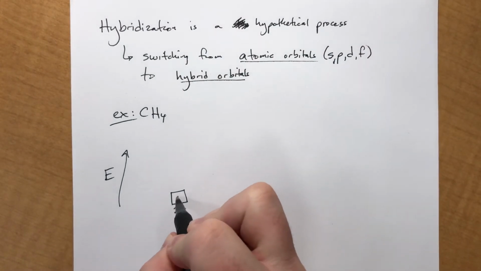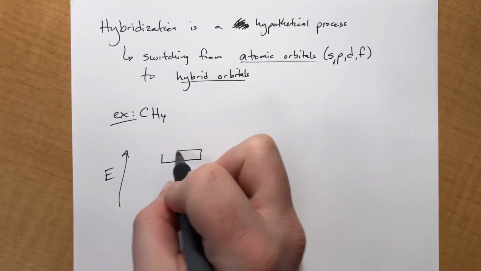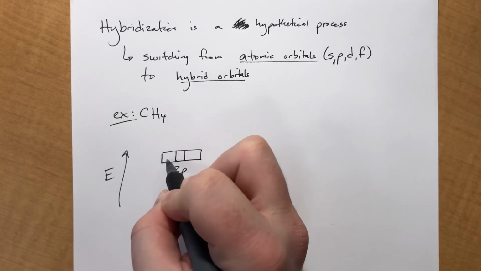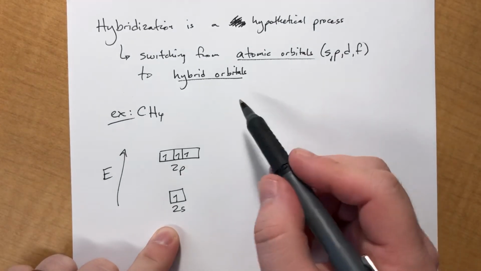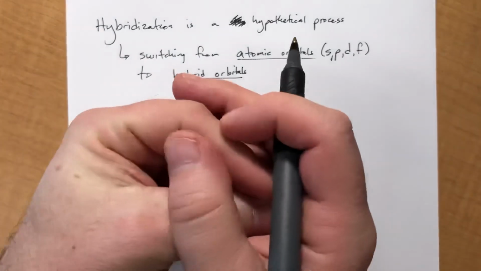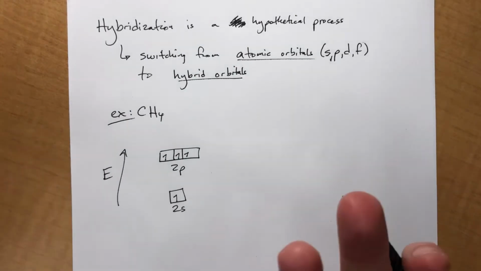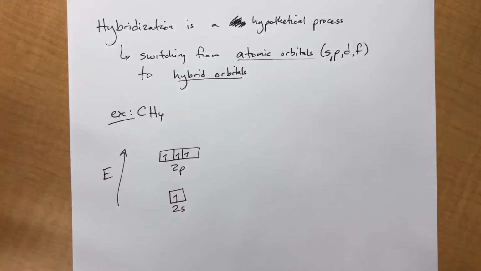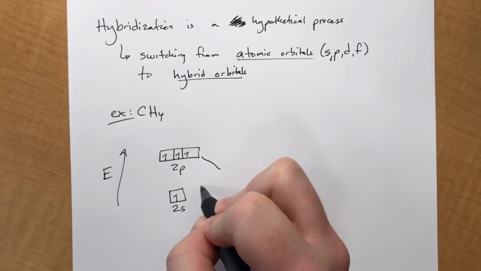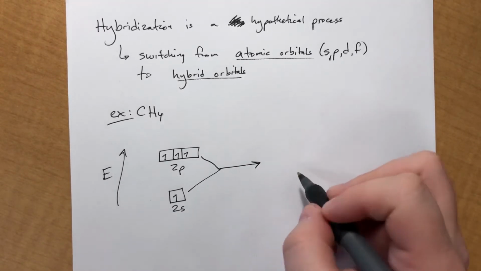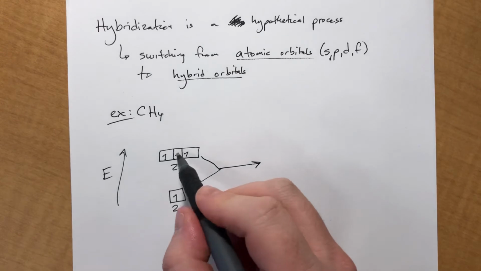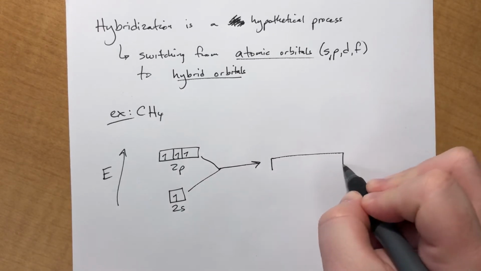So we have a 2s with 1 electron, and we have the 2p, which each has 1 electron. And the idea is these 3 atomic orbitals mesh together because they're literally just electron density. They can be reshaped. And you end up with something that comes out to the same average energy, sorry. And we put 1, 2, 3, 4 orbitals in, we get 4 orbitals back out.